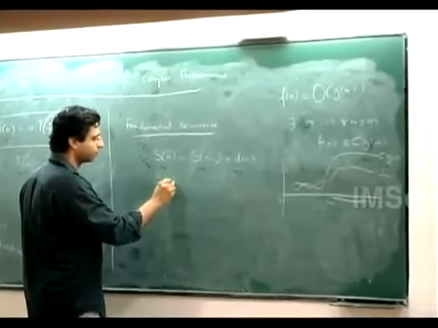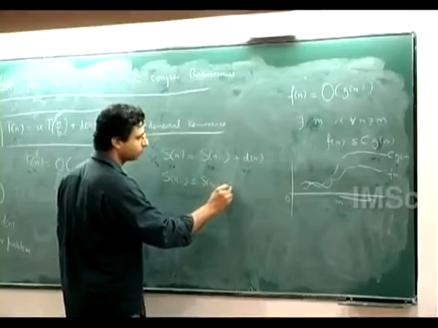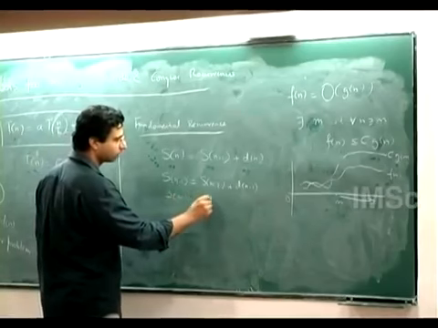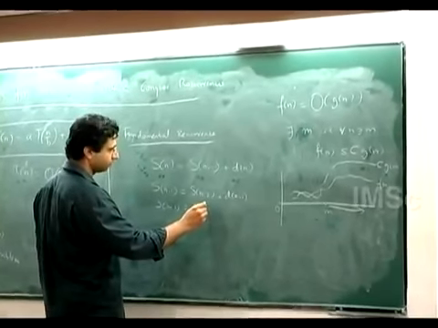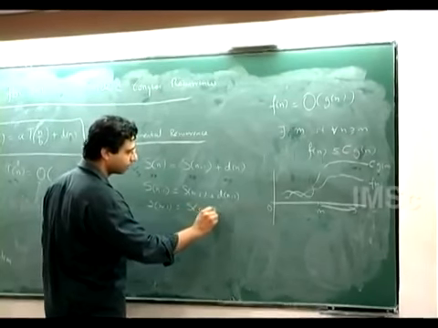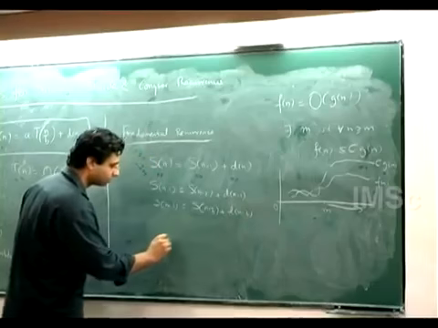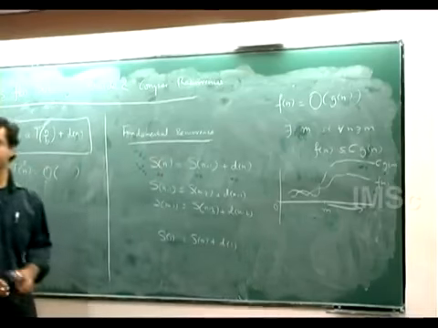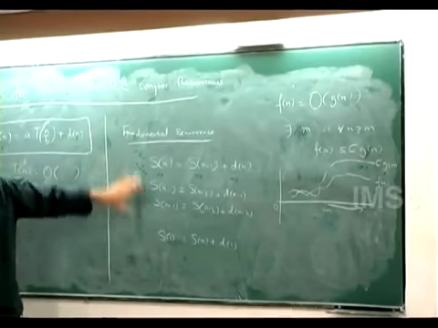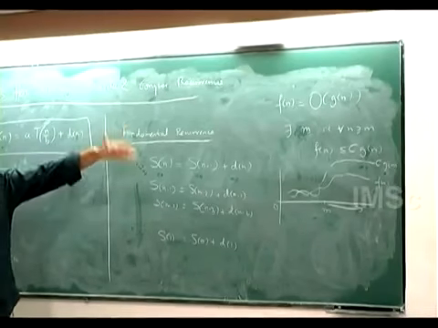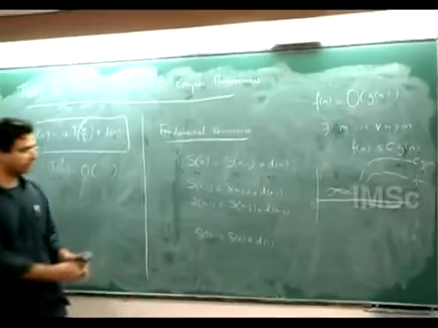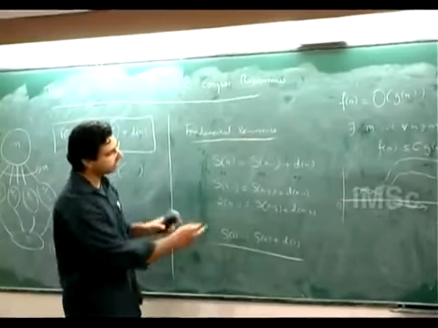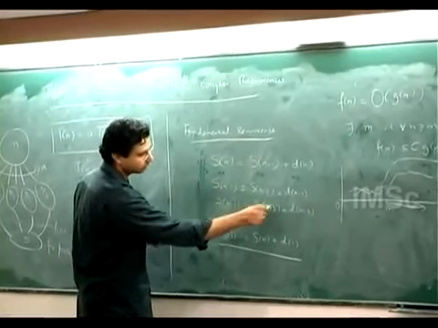So I write S(n minus 1) is S(n minus 2) plus D(n minus 1), and similarly S(n minus 2) is S(n minus 3) plus D(n minus 2). So on, I'll get S1 is S0 plus D1. So the recurrence satisfies this. Now if I add all these equations, on the left hand side and on the right hand side, I see that these cancel out.